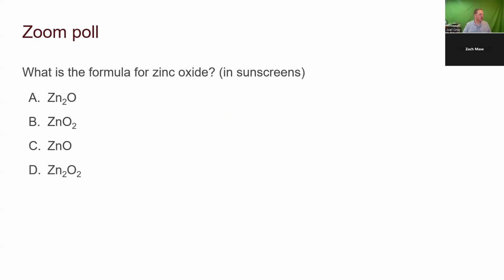What is the formula for zinc oxide found in sunscreens? Again, reference the periodic table. Reference that common ions page when answering this. If we get 90%, then we're going to get a bonus point on the exam. I'll give you a little bit of a spoiler. Oxide, -2.